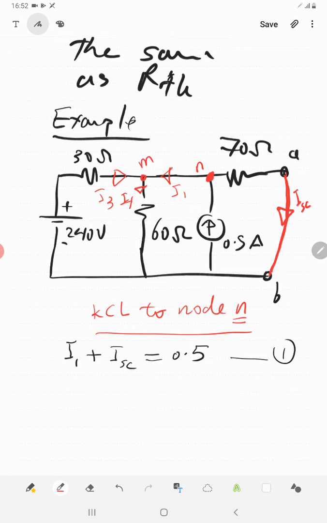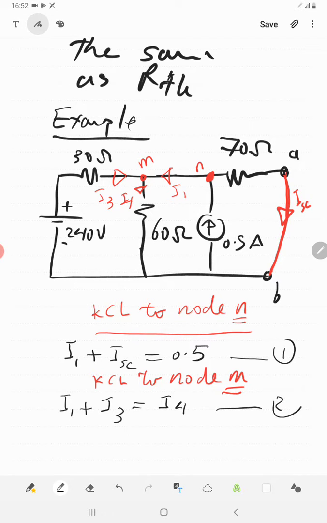Now KCL to node M: I1 plus I3 is equal to I4. Let's say this is equation number 2.